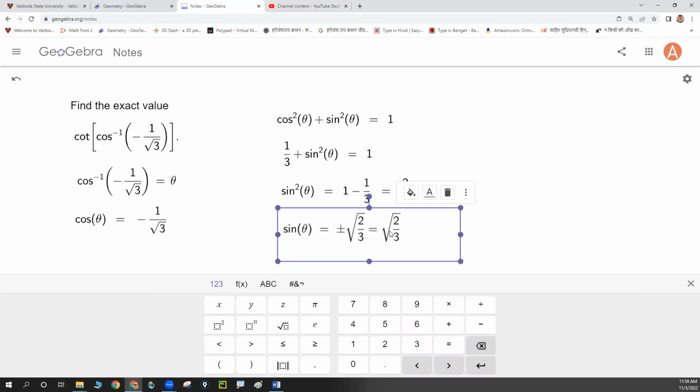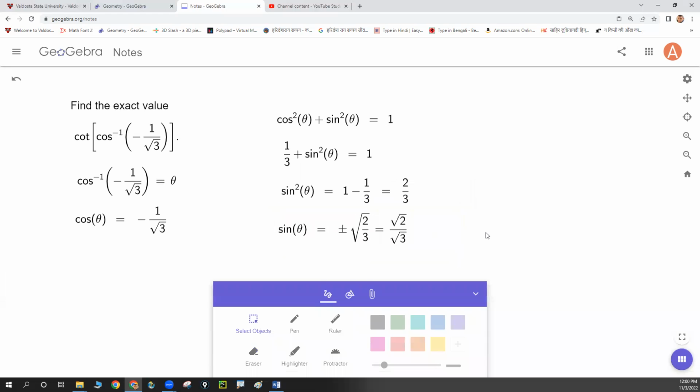Now, I will write it like this. I don't know if it's going to help me, but it won't hurt. I'm going to write it like this. Okay, now I know for sure sine theta is square root of 2 over square root of 3, and cosine theta is negative 1 over square root of 3.